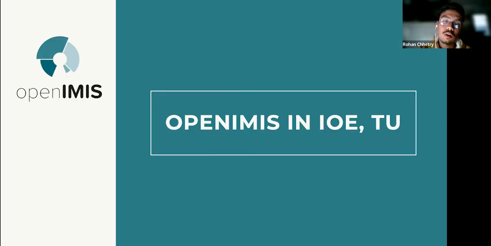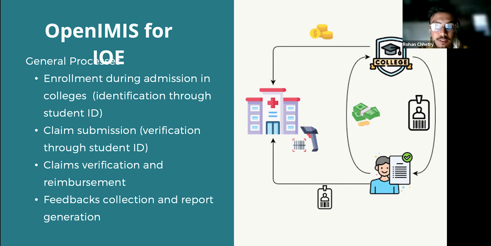Well, now let us talk about openIMIS in our Institute of Engineering, Tribhuvan University. openIMIS basically has a health insurance feature for family members. For our university, we can tweak it and make it an individual insurance policy.